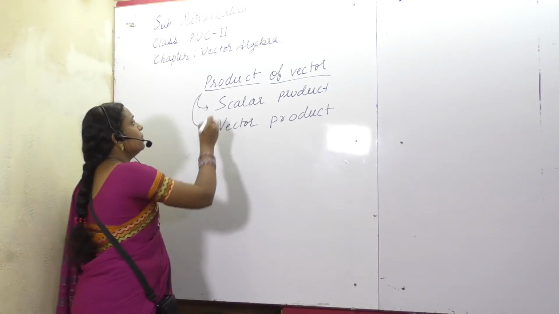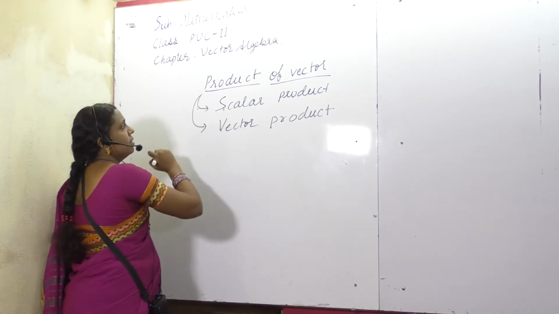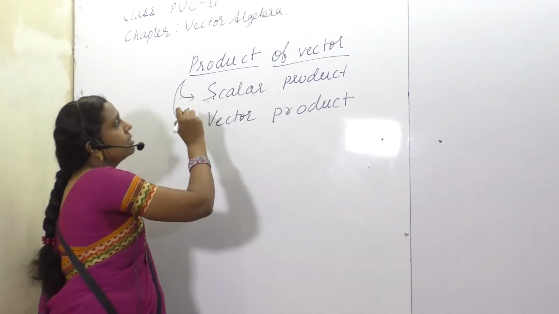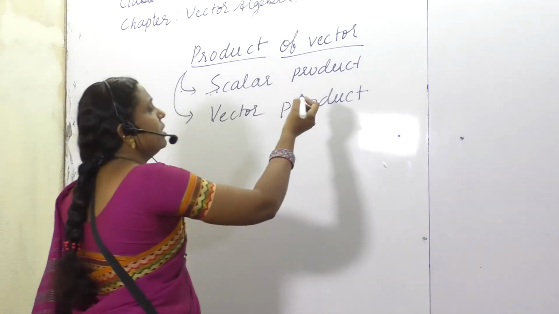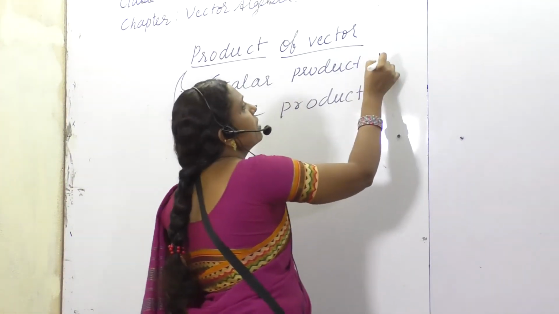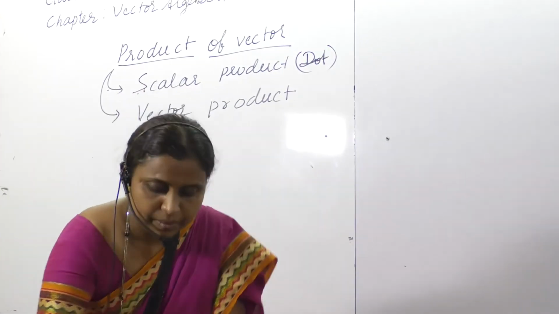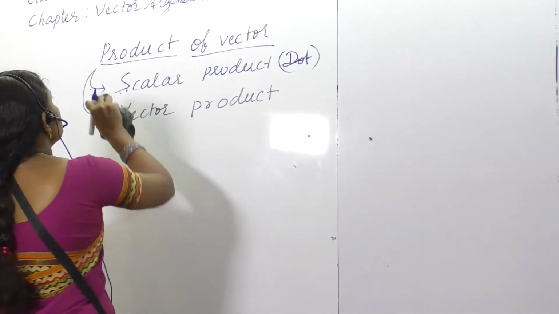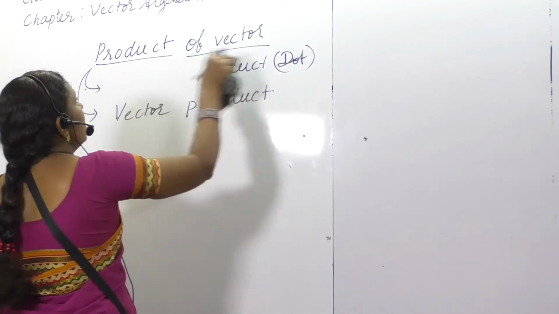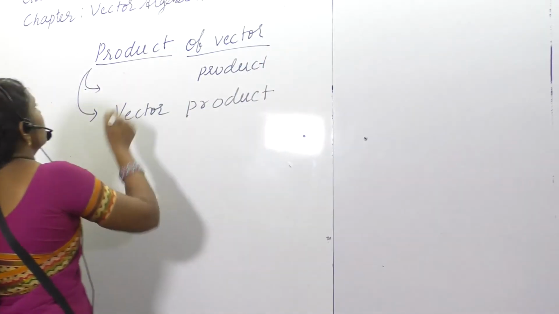Now we will be checking the scalar product, which can also be called the dot product. Let me write here: scalar or dot product.